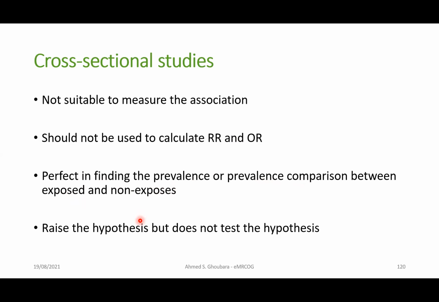What is the prevalence of cancer among women with no postmenopausal bleeding, with asymptomatic women, okay? But you cannot do the odds ratio and risk ratio. Mathematically, yes, but clinically, no, okay? Clear, guys? Good.